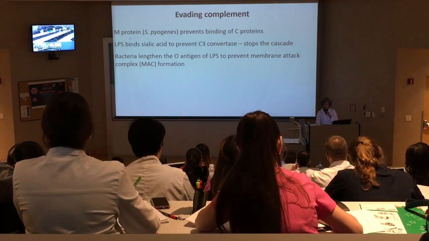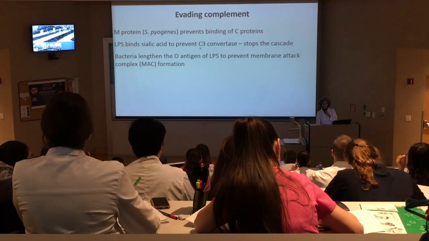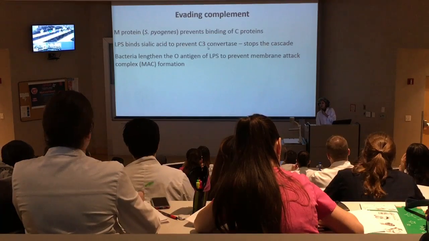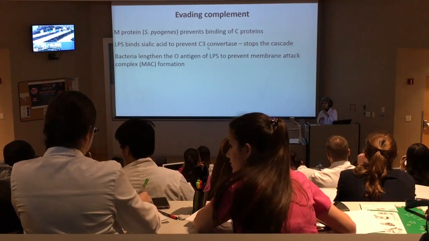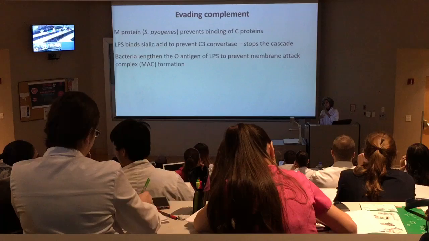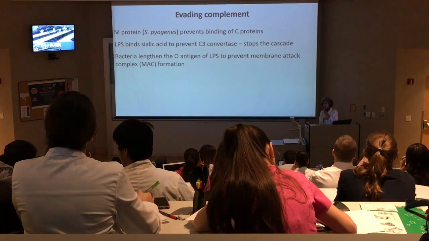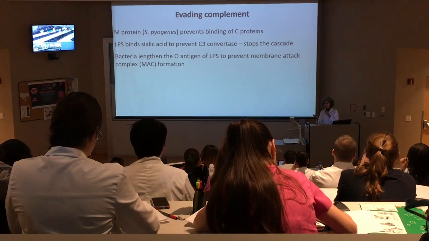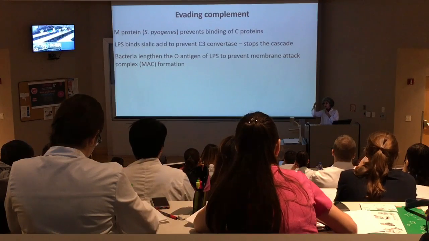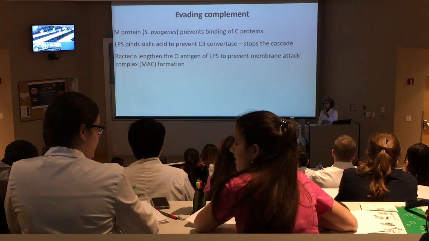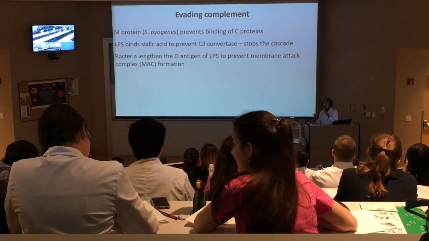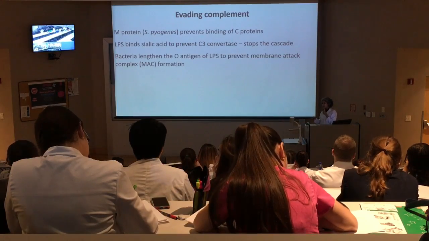LPS, your endotoxin, will bind sialic acid to prevent the C3 convertase, which is important in the complement cascade. So you learned about complement from Dr. Demery Butler. Have you started complement already? Okay, so you'll see it's a cascade, the ultimate goal being destruction of whatever it's focused on through that membrane attack complex.